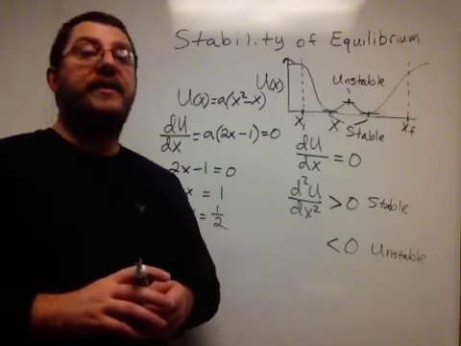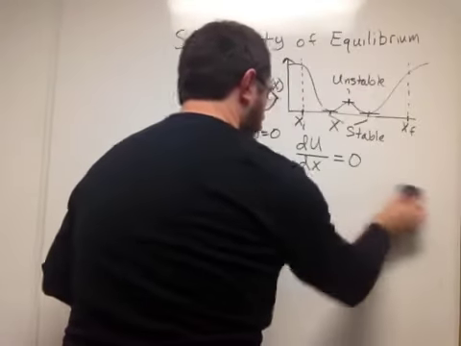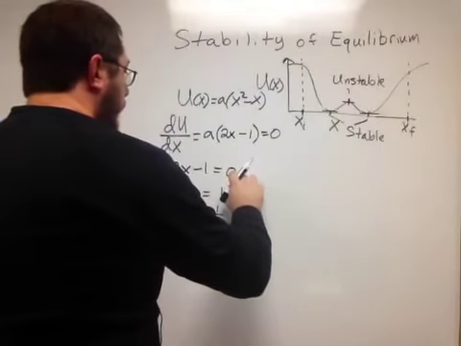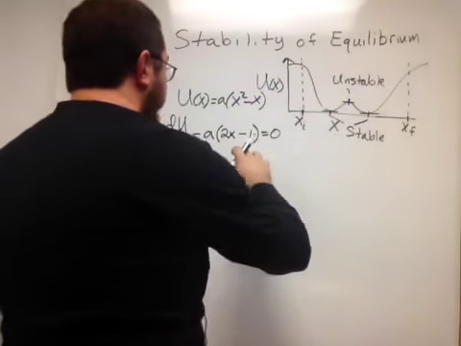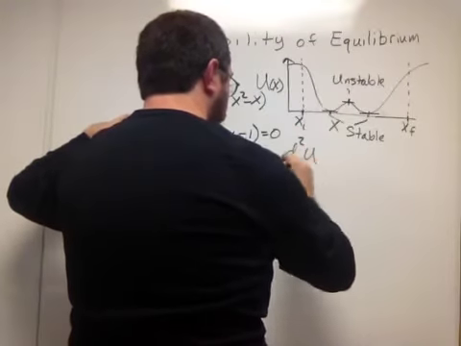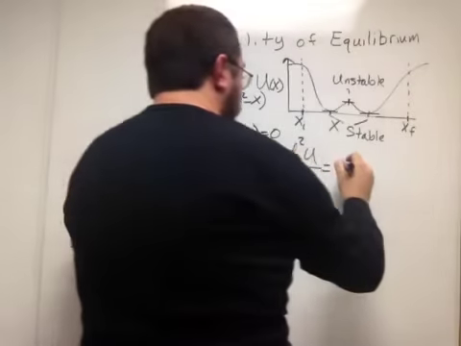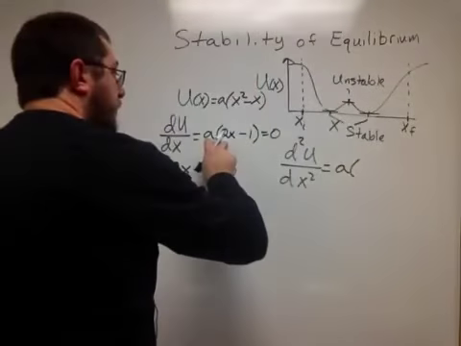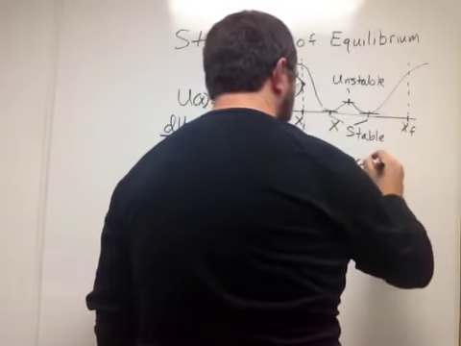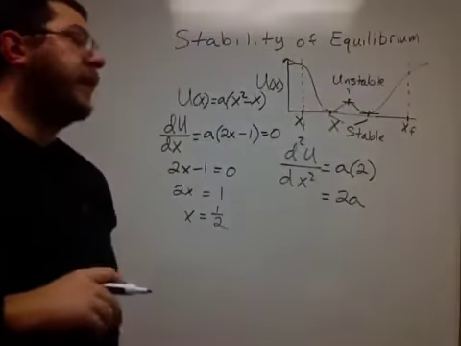So now we apply the second derivative test. I'm going to take the second derivative of my function, and this is going to give me a times 2, so this gives me 2a.